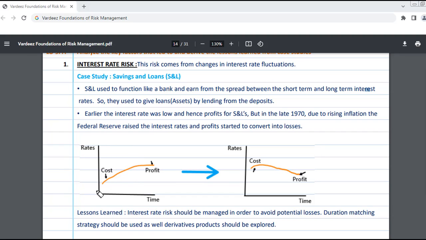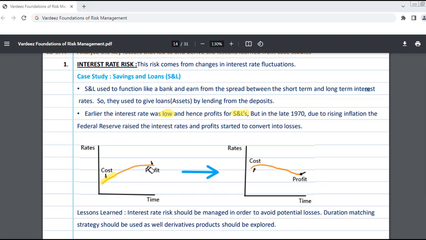Okay, so let's say that this is the time when the interest rate was low and it was profitable for the SNLs. How? Because if you look at it, this is time, and as you go through this time, these are the short-term rates that they used to give out to depositors, and they were very low.